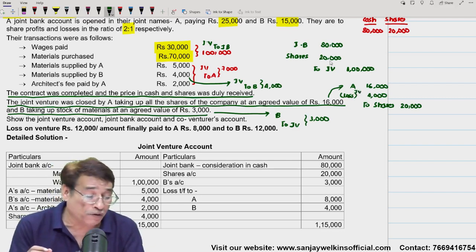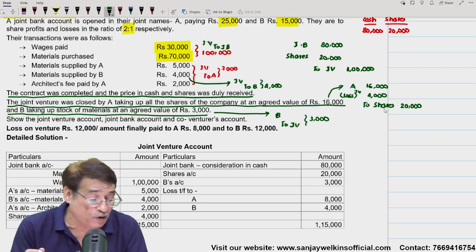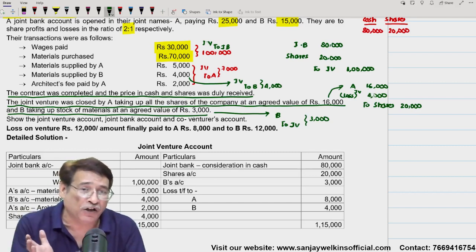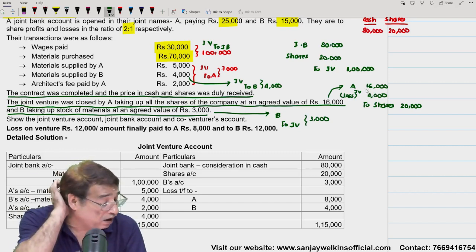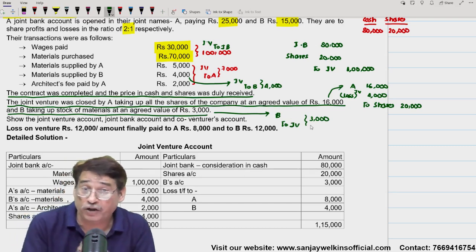So in case of shares, because we have received the shares, in order to close the shares account, I will have to credit them. So that is why if any shares are taken over, we will not write the entry co-venturer account debit to joint venture account, as we write in case of assets or other things which are taken over by a co-venturer. For example, B has taken over material. I have written here B account debit to joint venture.